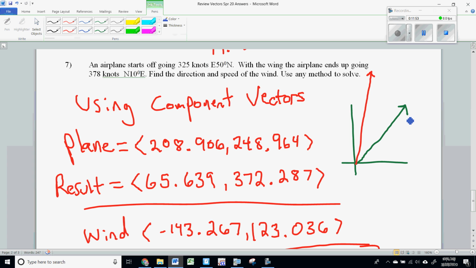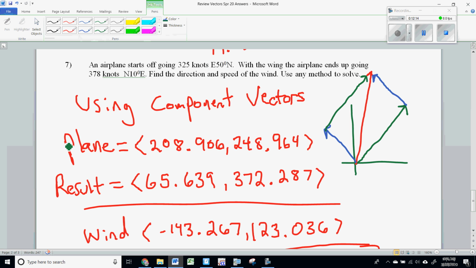So what you have to figure out then is that is your resultant, that is your diagonal. You need to figure out that vector. And then you have to reconstruct your parallelogram and try to solve it like that. I think that is much, much harder.